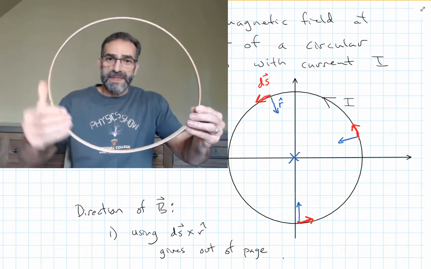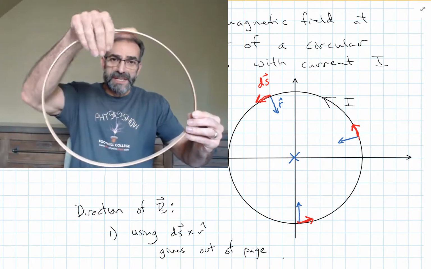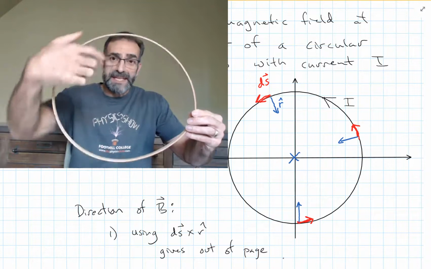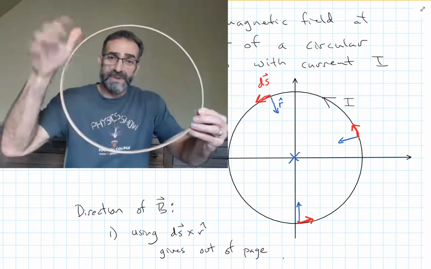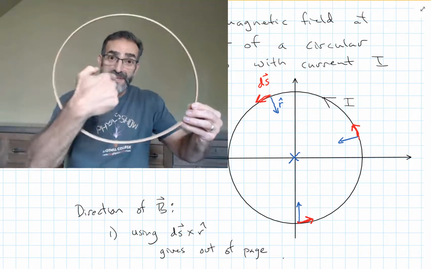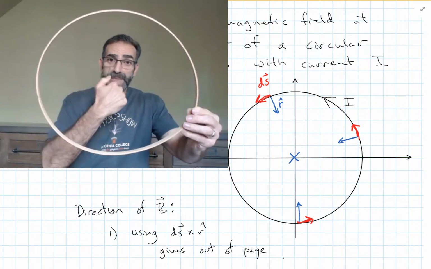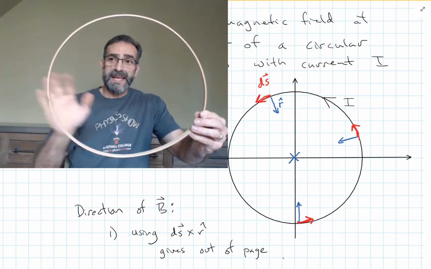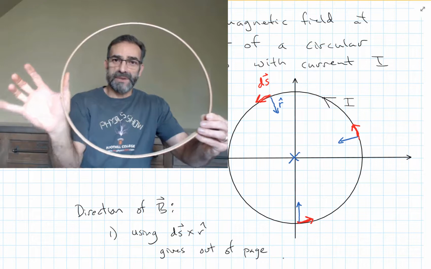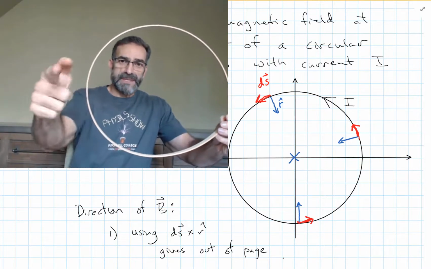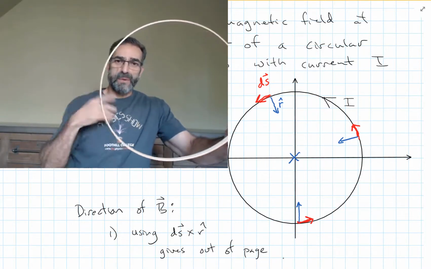If my current is going in this direction, that would be clockwise from your view. I can run my thumb in the direction of the current, and I know that any place on the inside of this loop, the magnetic field lines are going to be pointing away from the camera toward me. And anywhere outside of the loop, the magnetic field lines are pointing toward the camera, away from me.